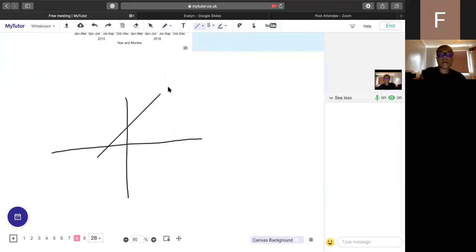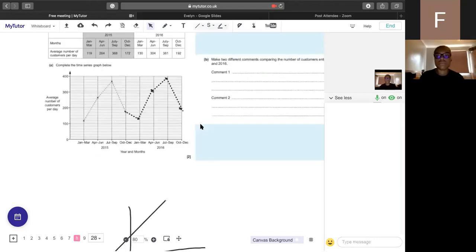Yeah, where it's just one straight line which goes through each and every single point which you plotted on your graph, whereas a time series graph does not do that. It connects different lines, but between each of your points. So that's the difference between a time series graph and a line graph.